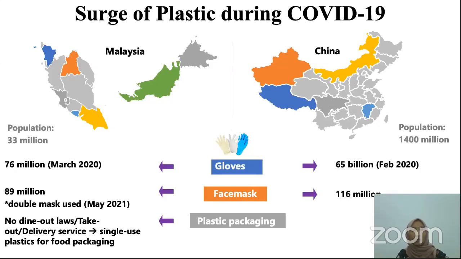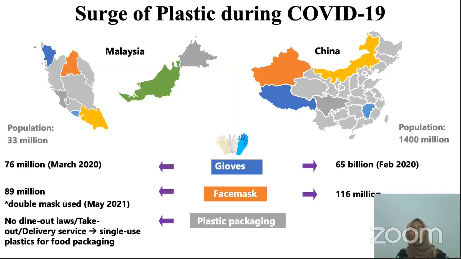Meanwhile, Malaysia, like other countries, has been locked down since March 18, 2020, and has adopted the same new norm. Malaysians also began wearing double surgical face masks as an extra layer of protection in May 2021, which doubled the amount of plastic used.